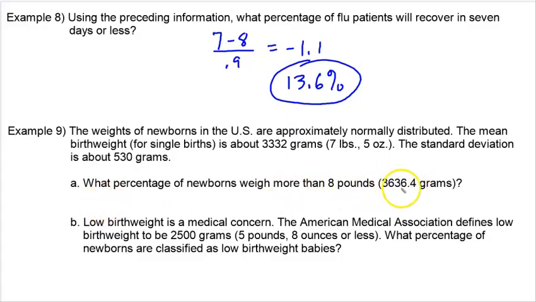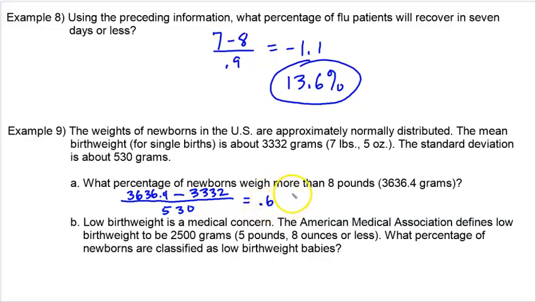Sorry, not 8 pounds, the grams: 3636.4 is our data point. The mean is given, and the standard deviation is given. This gives us a z-score of 0.6.